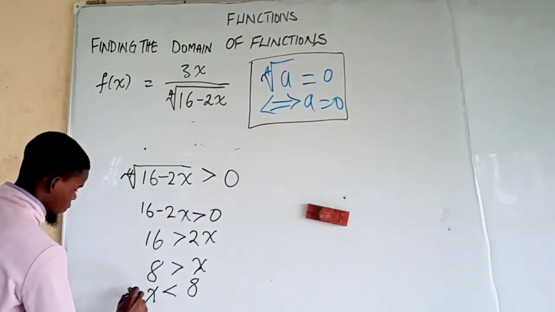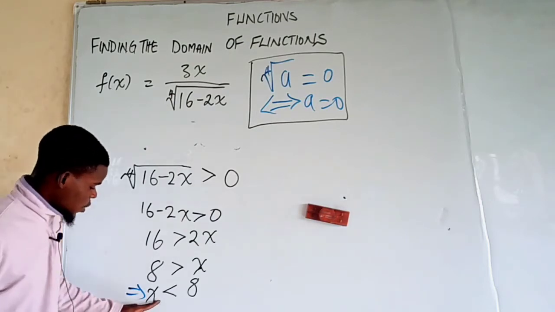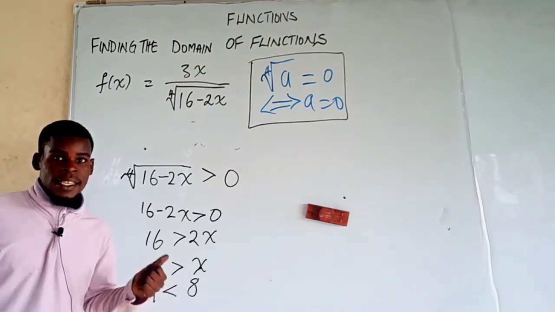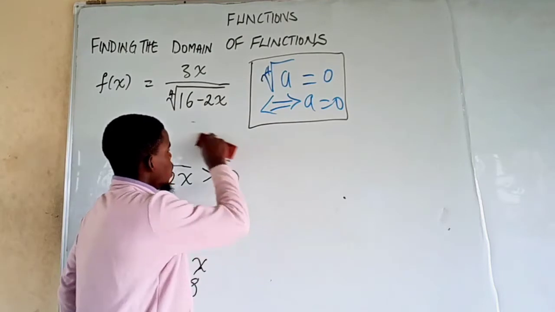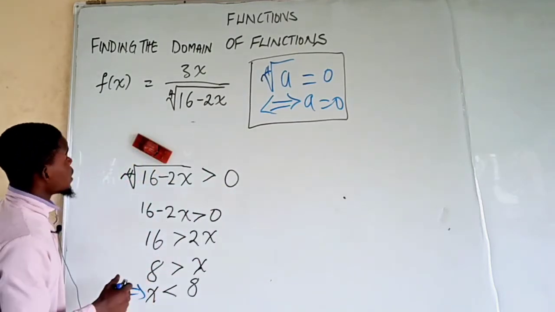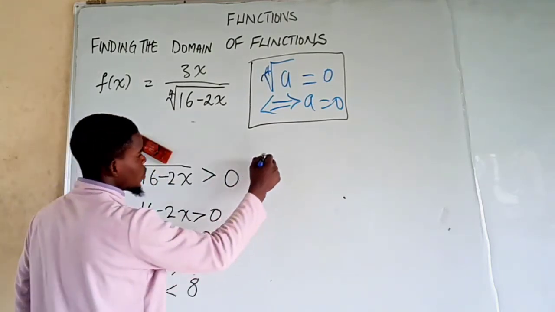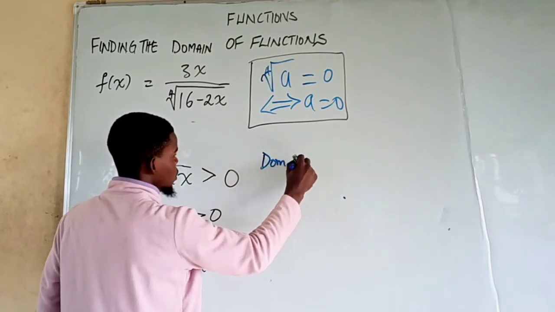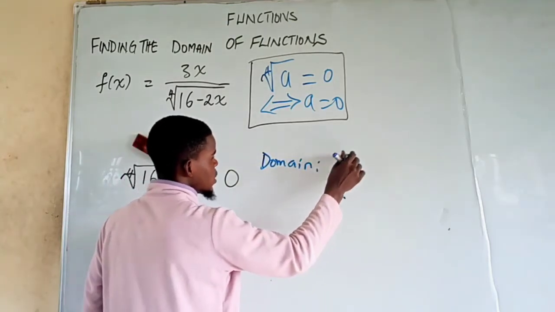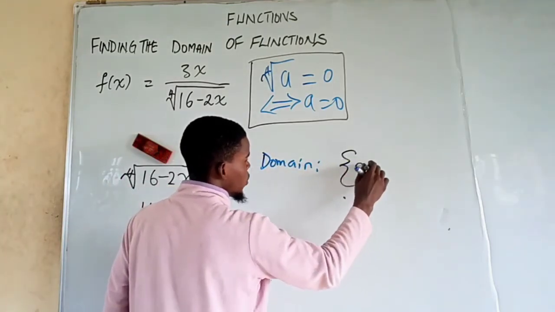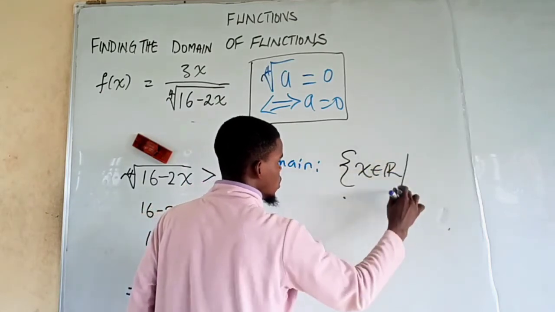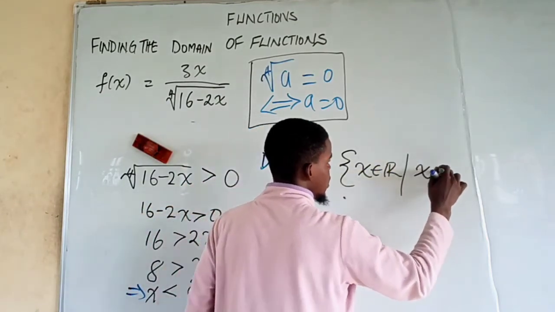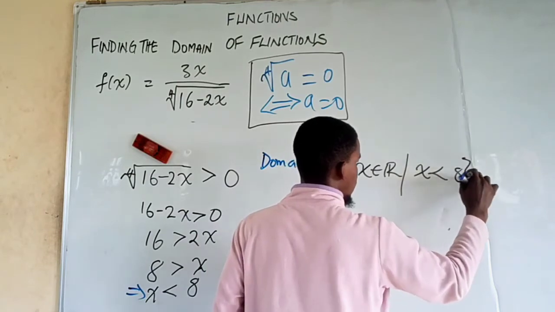And now from here, we'll be talking about all real numbers less than 8. So the domain of that function is going to be the set of real numbers such that x is less than 8.